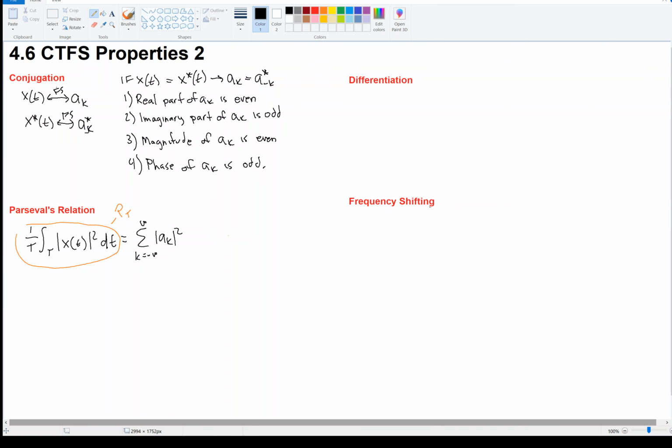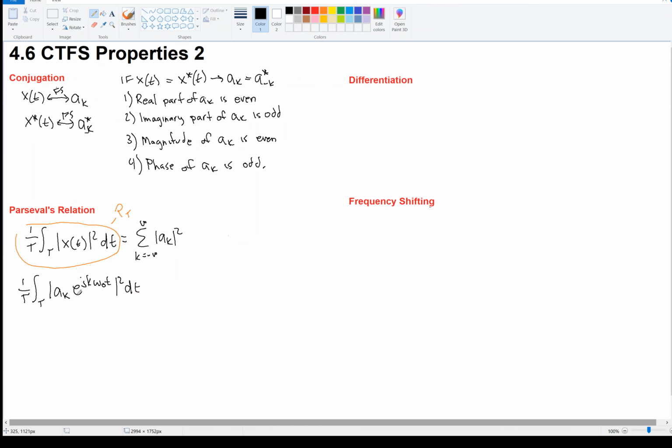Now, what is this thing on the right? Well, let's notice that, let's start with this integral. This thing that I just wrote down is the average power in the kth harmonic component of x of t.